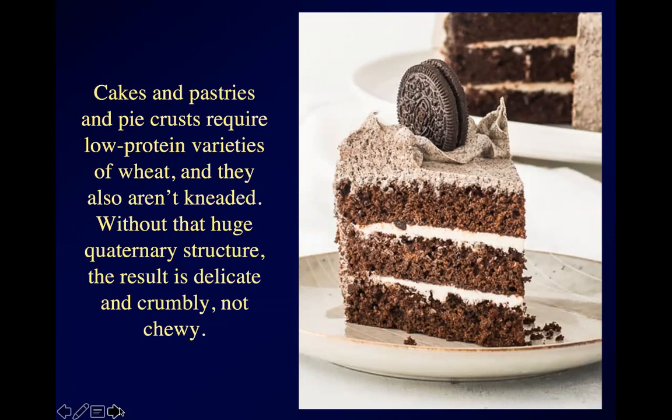And the end result is a baked good that is delicate and crumbly instead of being chewy, right? Nobody wants a birthday cake that's chewy. Nobody wants a chewy pie crust, right? Or chewy biscuits. You're going for light and flaky and crumbly here.